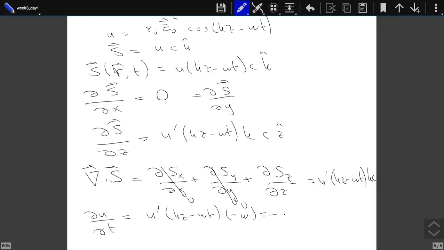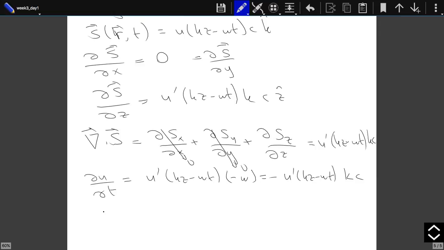This is equal to minus U prime (kz minus omega t), but omega is nothing but k times c. So dU by dt in this particular example is equal to minus the divergence of S.